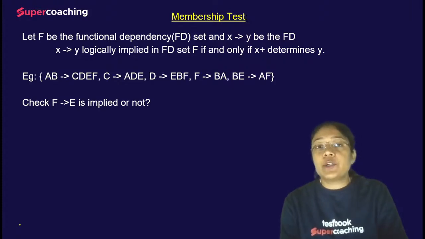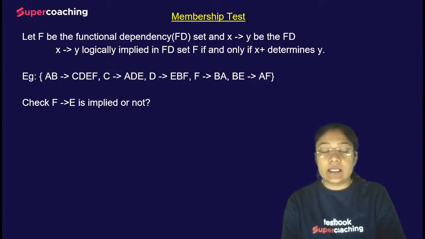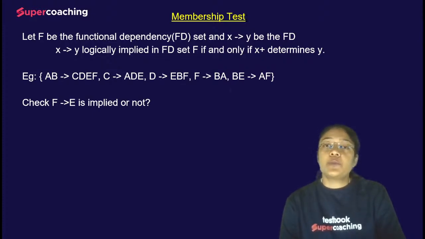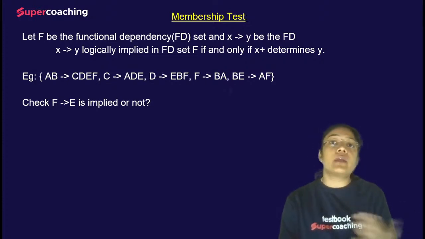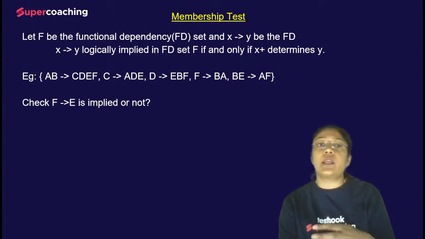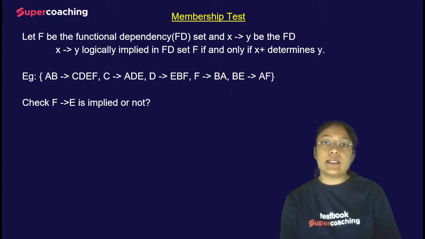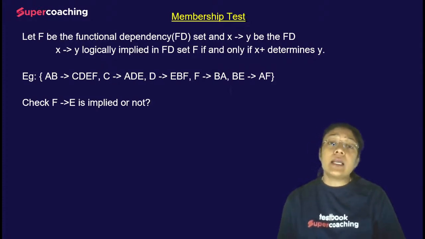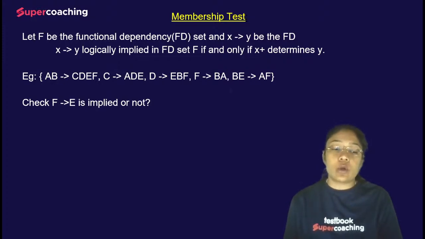That is the membership test. Basically, what the membership test says, as the name suggests, is that we have to check if the given functional dependency is a member of the given functional dependency set. Many times a functional dependency is not directly given in the functional dependency set, but is it logically implied? Many times it is logically implied, so how to find that out?